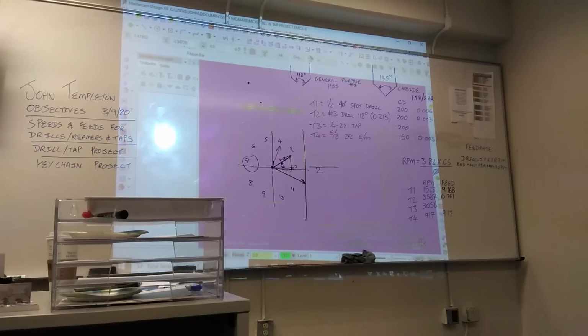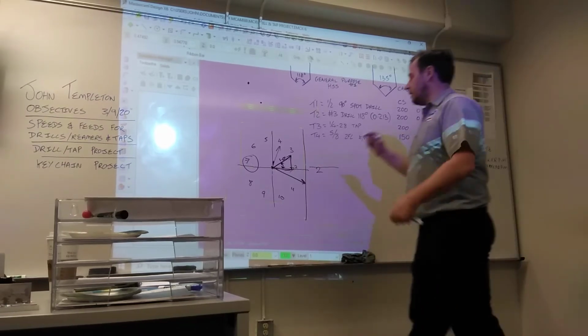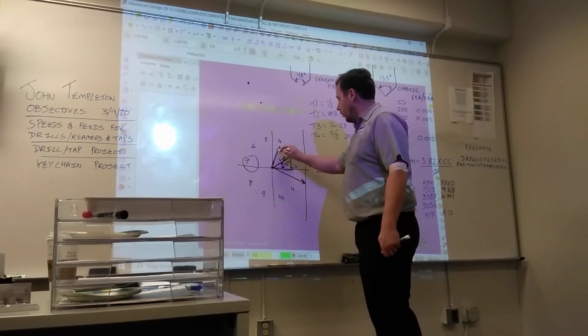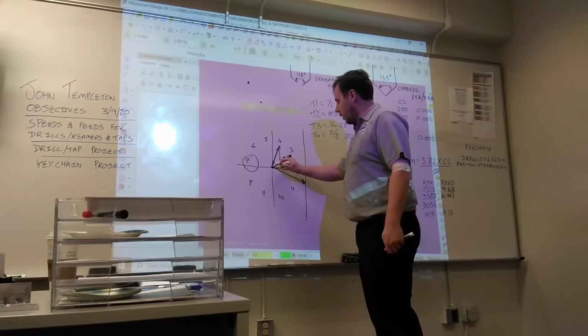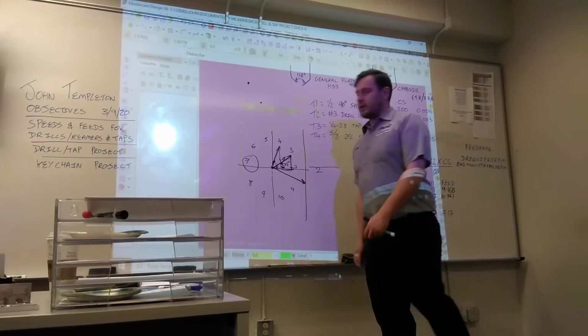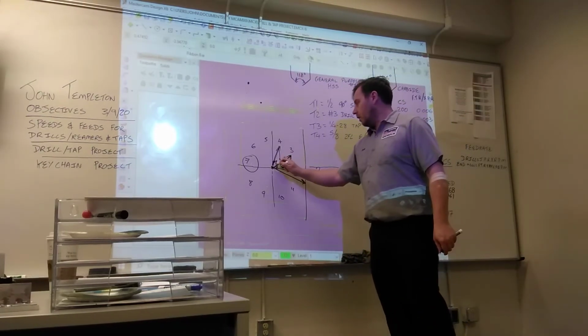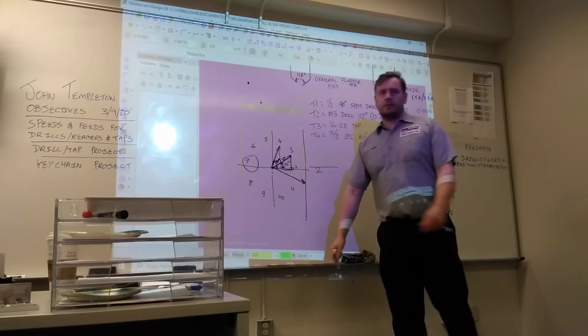That gives you an angle of 36 degrees. And when you do hole 4, your angle is going to be 2 times 36, so 72 degrees.